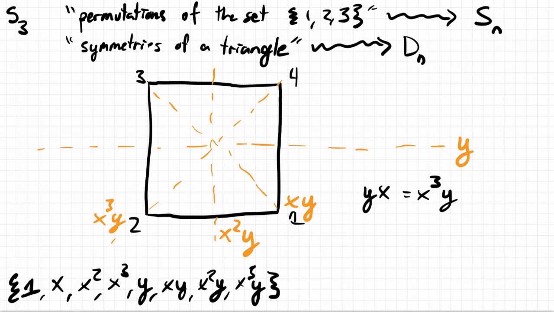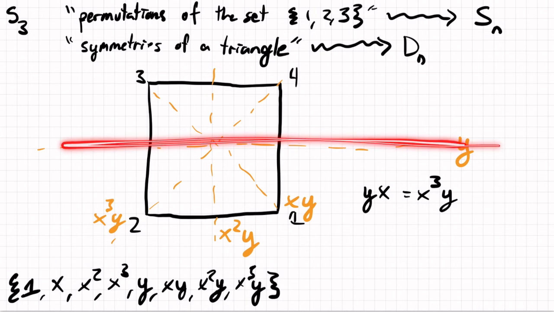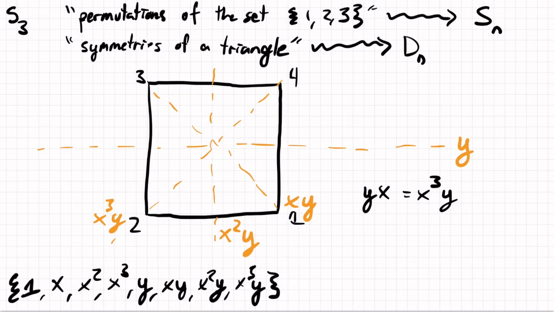If we apply y first, well, first I better reset to the original position of the vertices. Okay, so this is where they were. So first, to apply y, I'll swap each of the sides. And then we can swap 4 and 3, like so. And then I want to apply x, so I'll rotate.